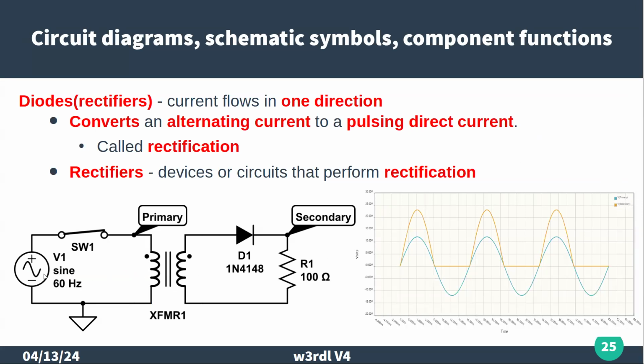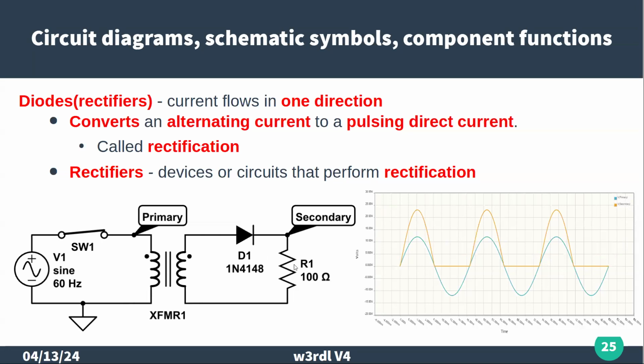This little circuit is showing a 60 hertz input signal coming in through the switch to the transformer. We have a voltage come out of the transformer. It's going to be proportional to the ratio of the windings on the transformer. We're running it through a diode as a rectifier.